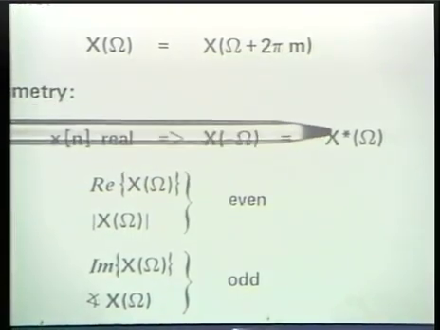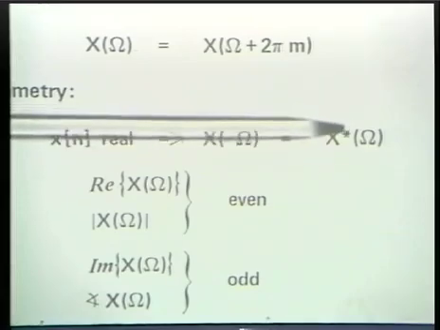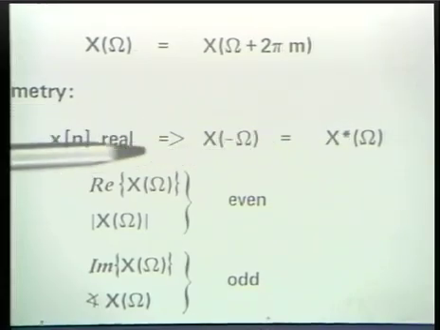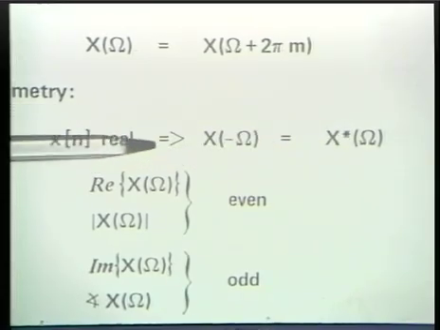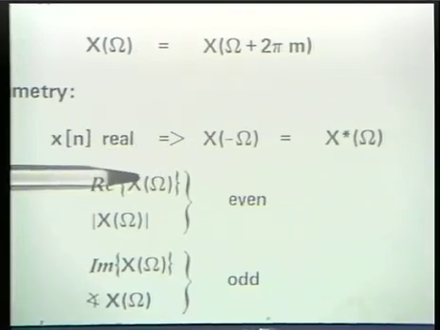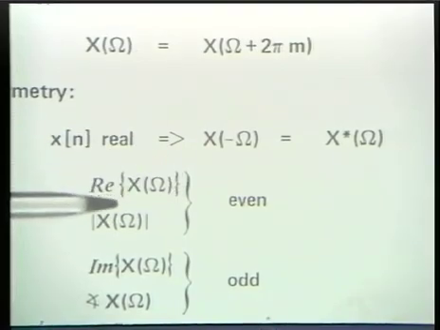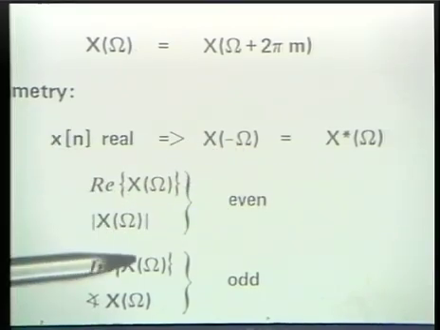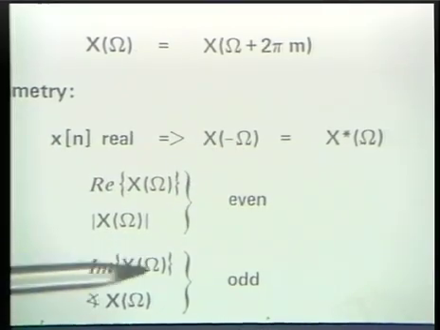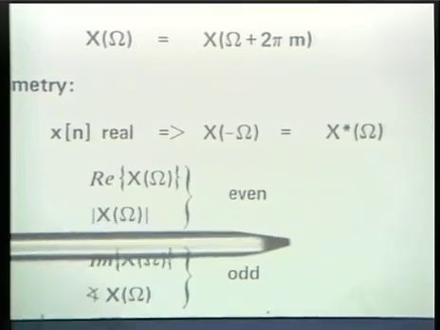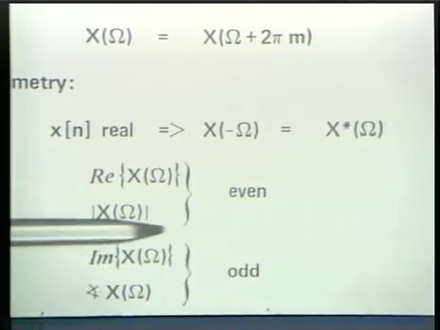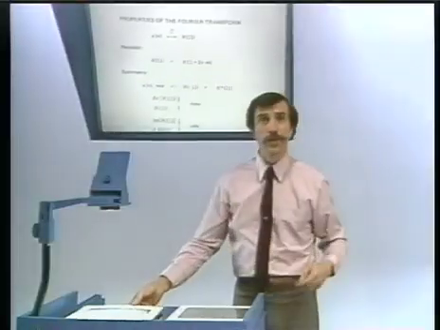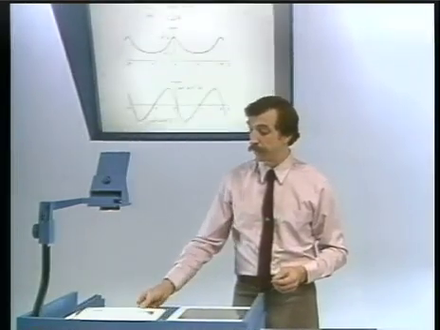As a consequence of this conjugate symmetry, the real part and the magnitude have an even symmetry, whereas the imaginary part and the phase angle are both odd symmetric. And these are symmetry properties that are identical to the ones we saw in continuous time.